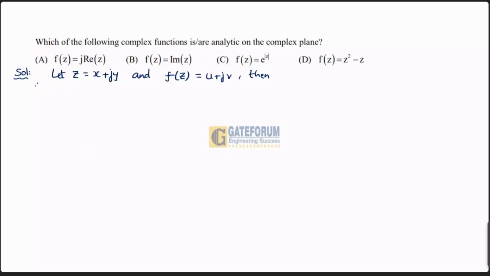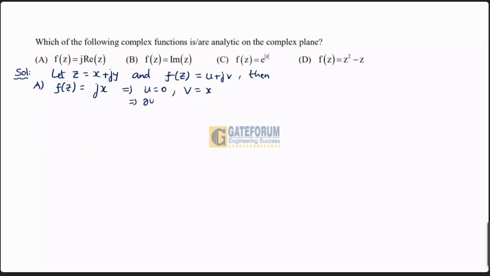Option A, f of z is j into real z. So the real part of z is x only. So j into x. From this, comparing with u plus jv, you will be getting the real part of f of z as 0 and the imaginary part is x. Check whether CR equations are satisfied or not.